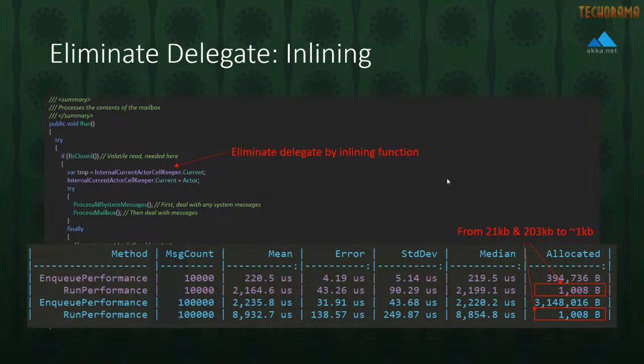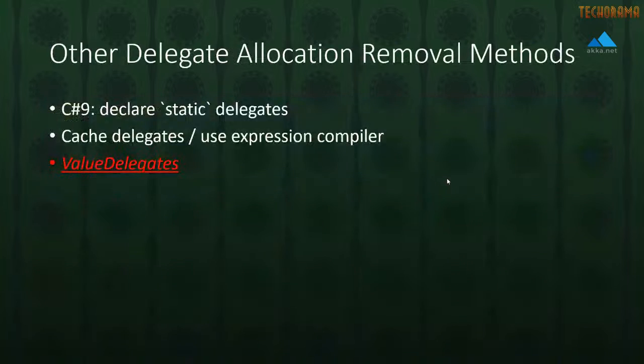So if you multiply this times the billions of times this operation gets run in any given second on a busy system, that's actually quite a big amount of memory savings and reduced garbage collection pressure happening right there. We also improved the throughput of processing an actor's mailbox by about 10% when we did this.